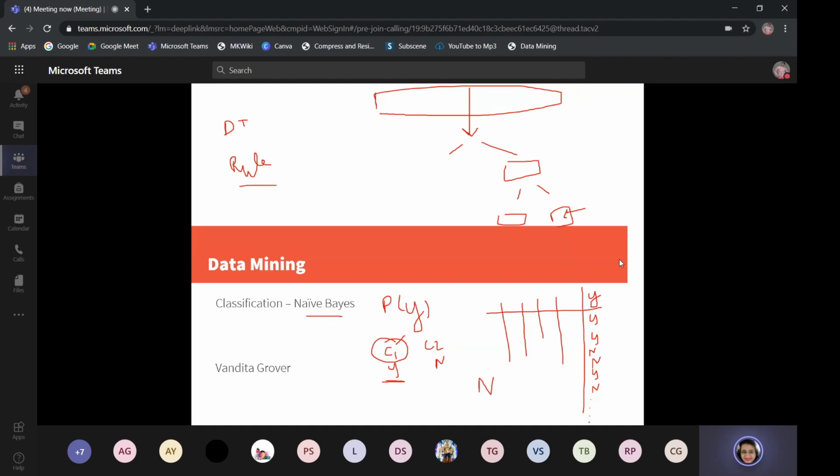How will you compute the probability of class y and probability of class x?